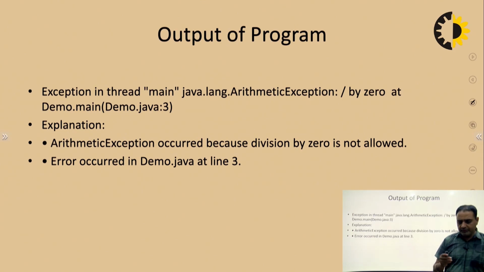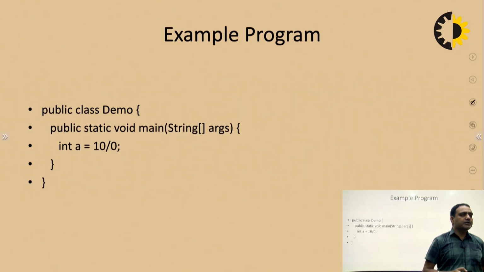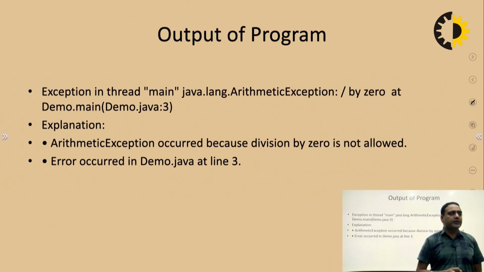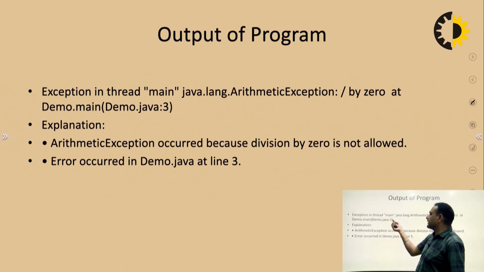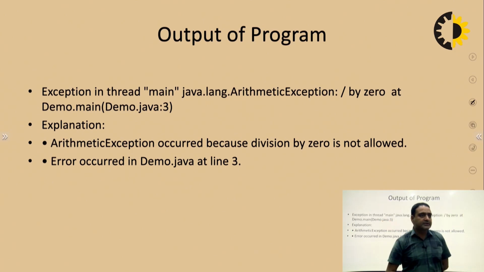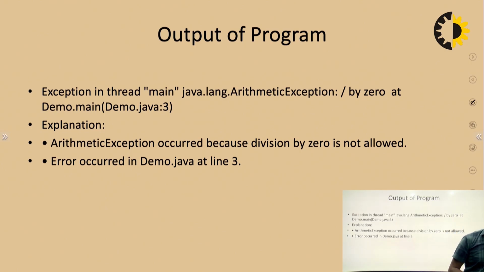Within the main method, the statement in line number 3 is the one where int a = 10 / 0 is written. So Demo is a class, and the exception is generated within the main method, at line number 3. The ArithmeticException occurred because division by 0 is not allowed. The error occurred at Demo.java at line number 3.